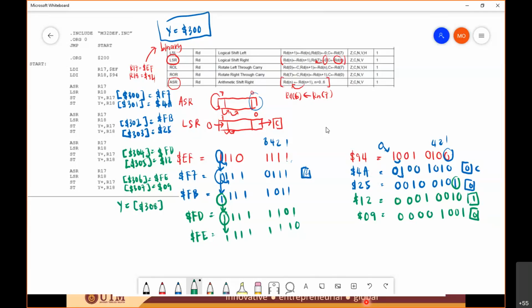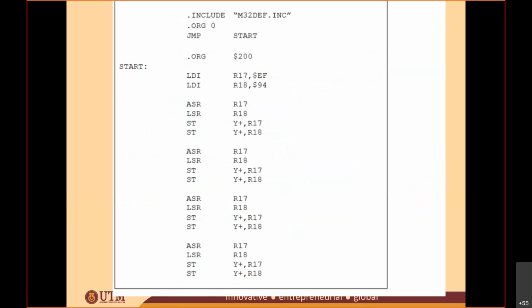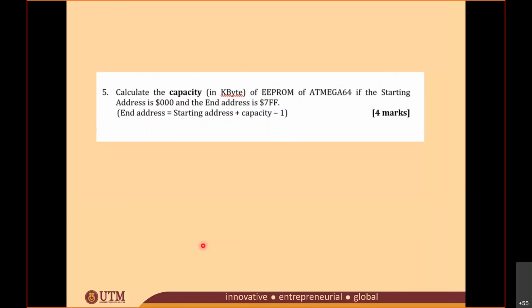Okay, so I think that's all for today. Any questions? Actually we have another example here, an exercise. This one is not covered in your test 2 because it was already covered in test 1.